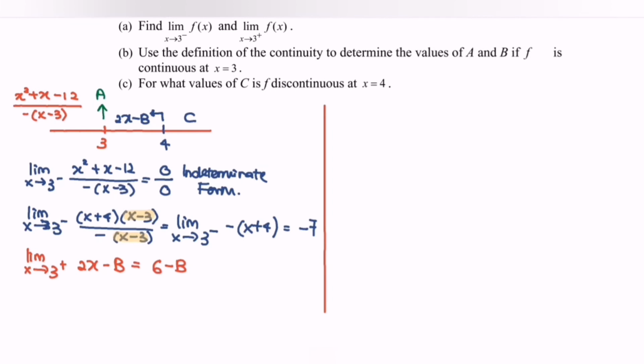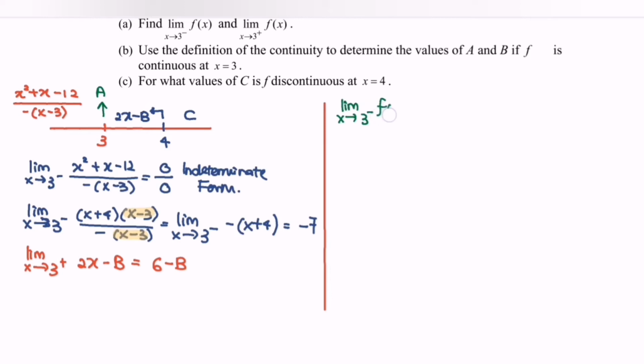Now we are going to discuss B. Use the definition of continuity to determine the values of a and b if f is continuous at x equal to 3. This means the limit when x approaches 3 from the left of f(x) is equal to the limit when x approaches 3 from the right of f(x).